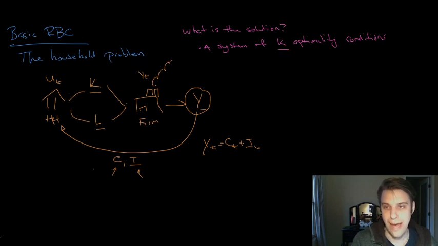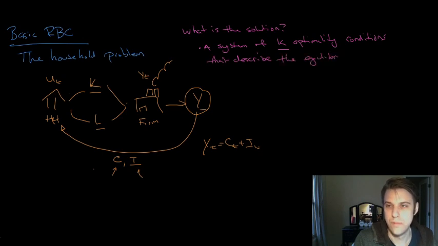And we're going to get K optimality conditions, and it's going to totally describe the equilibrium of the economy at all times.